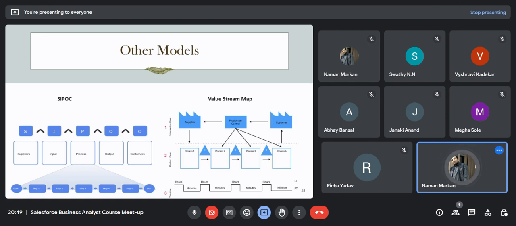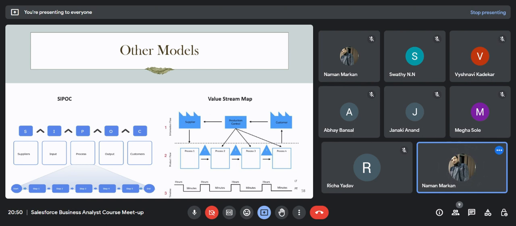And next you can see value stream mapping. Value stream mapping is a visualization of the flow of material and information. Basically, it gives you an understanding about the material and information involved in the process.